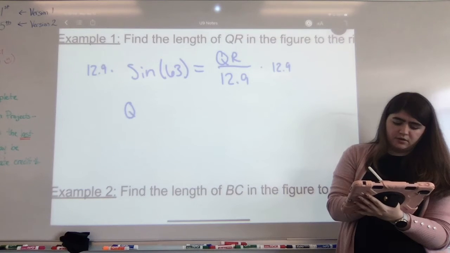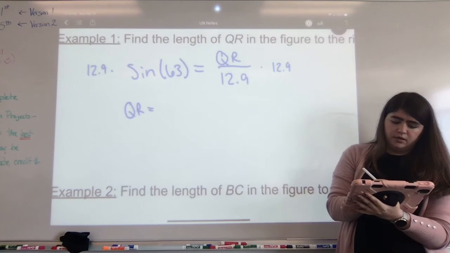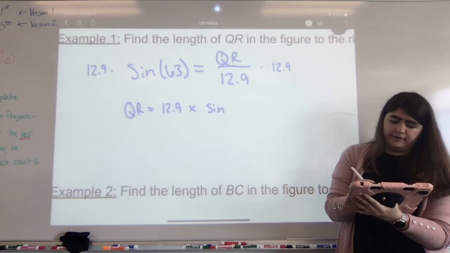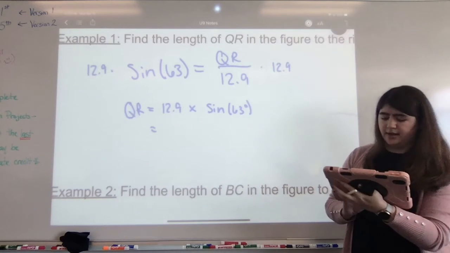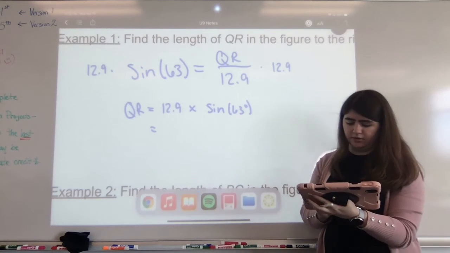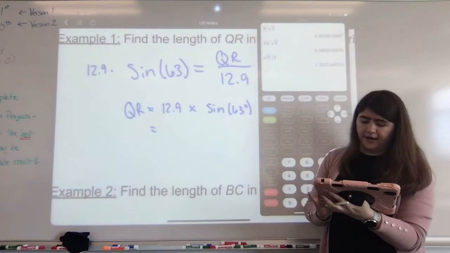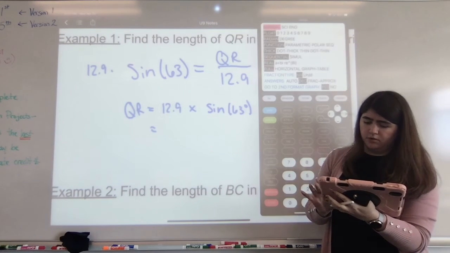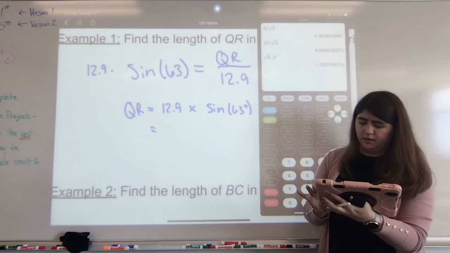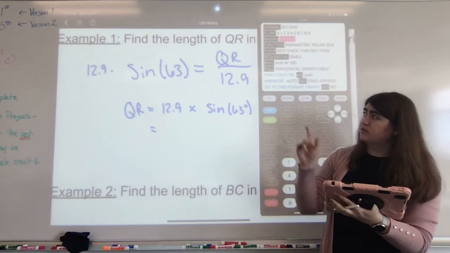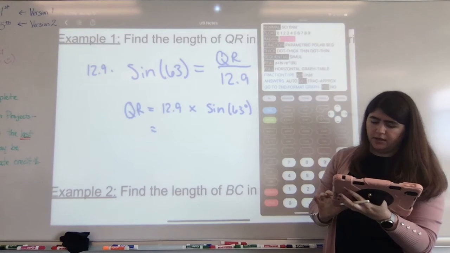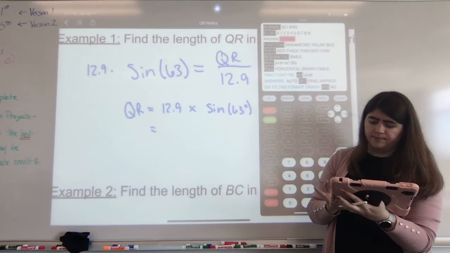So in other words, QR is equal to 12.9 times the sine of 63 degrees. So I'm going to plug that all into my calculator right as is. I'm going to pull my calculator onto the screen here a second. I'm checking my mode, like we talked about in the video, to make sure that I'm in degrees. I'm not, so I'm switching to degrees.